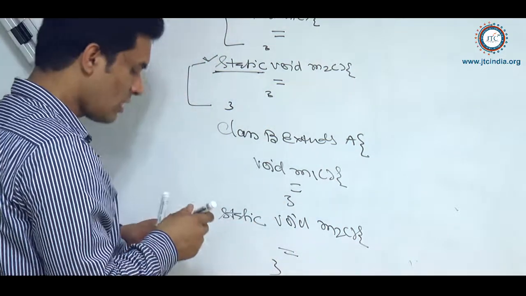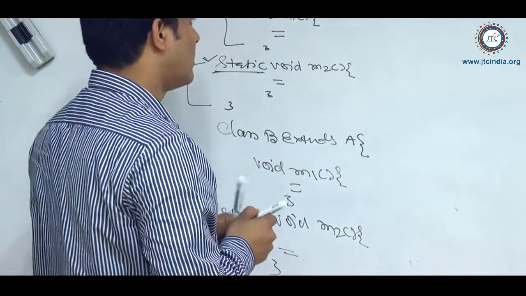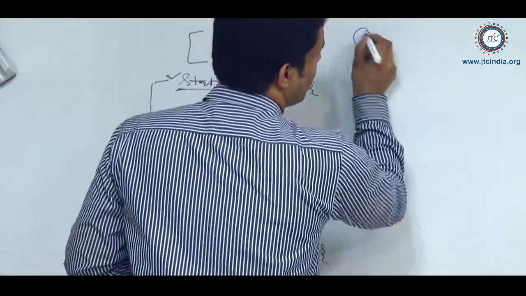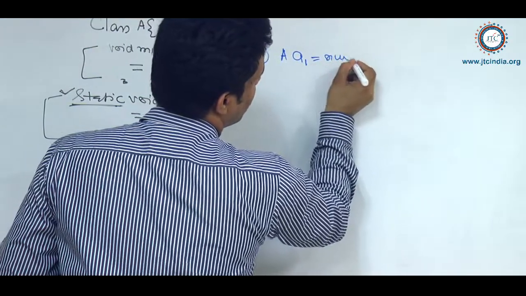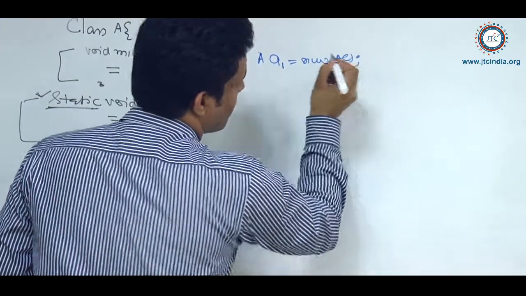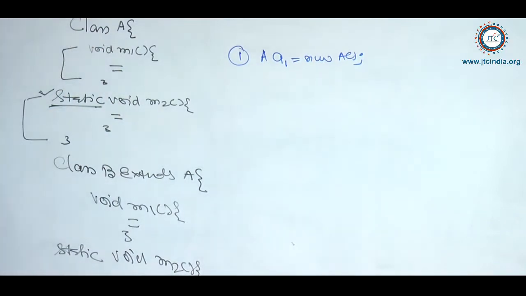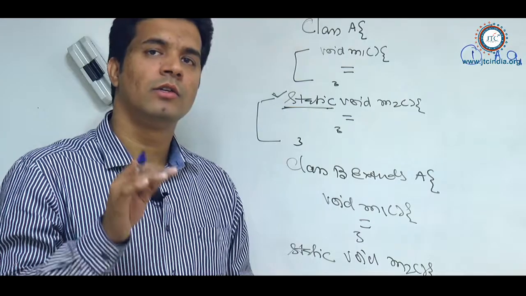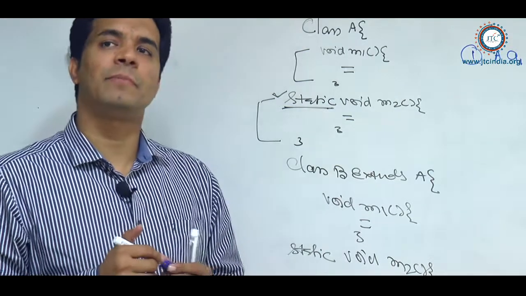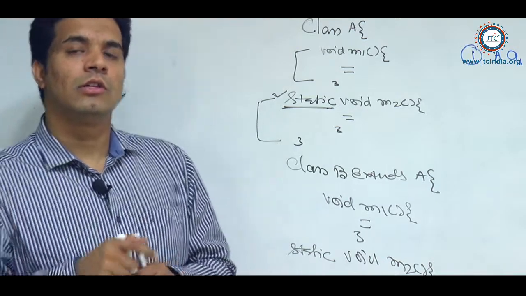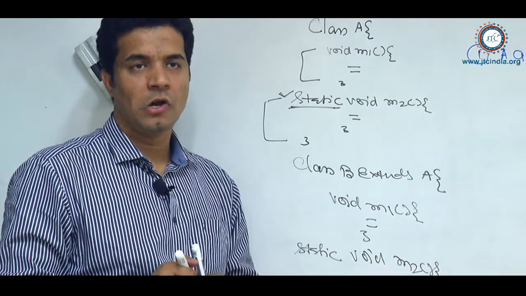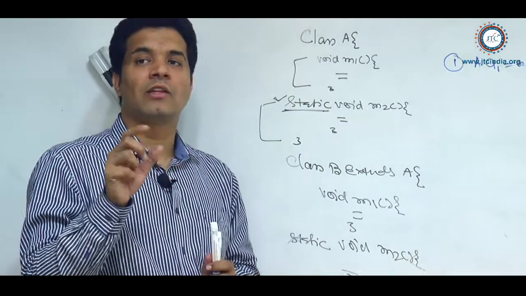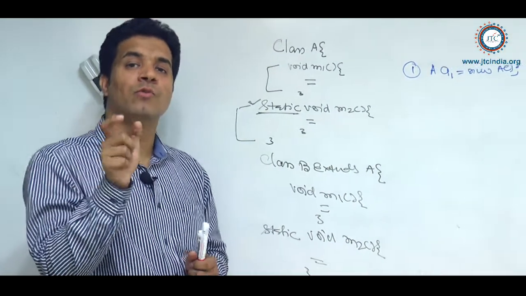Now see, number one: A A1 = new A(). When we call any instance method, the call depends on the content of the reference variable through which we are calling, whereas in a static method the call depends on the type through which we are calling.